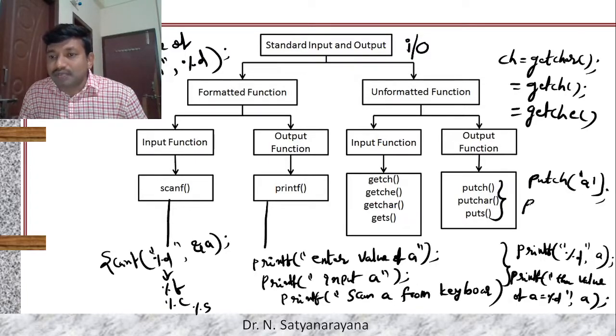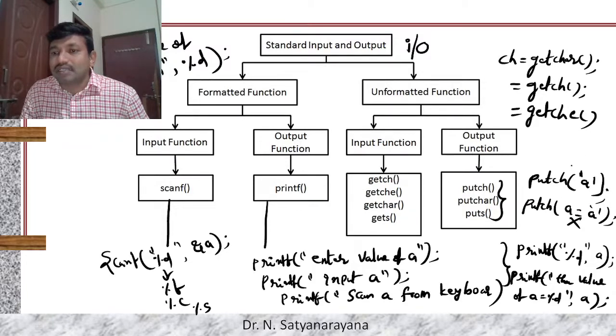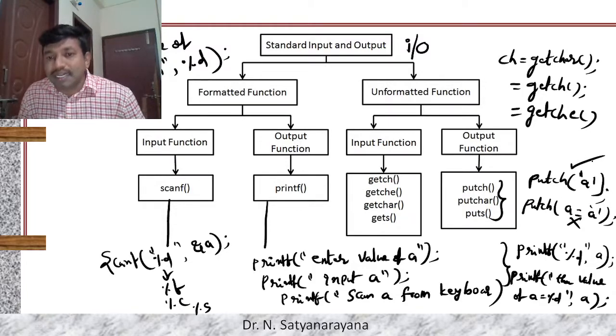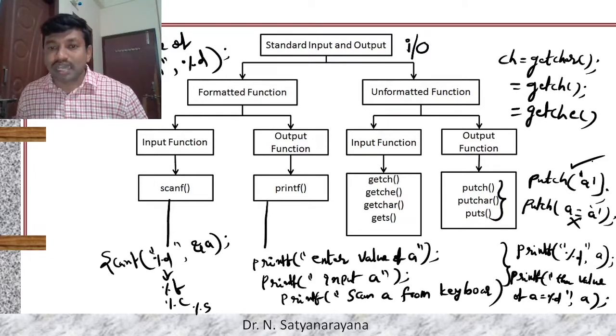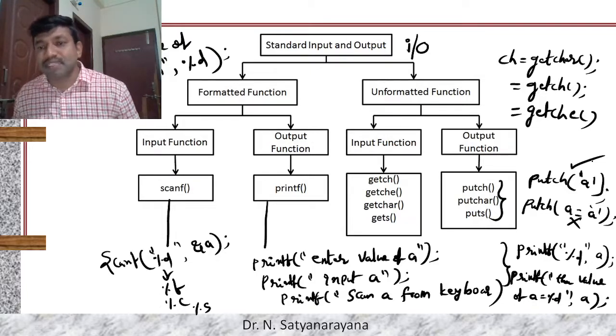For example, you cannot write putch so a is equal to a. No, it is not possible. This is wrong. This is the only accepted form. It means that using these unformatted functionalities, the user will not have any choice either in getting the values from the keyboard or printing the same values on the monitor.